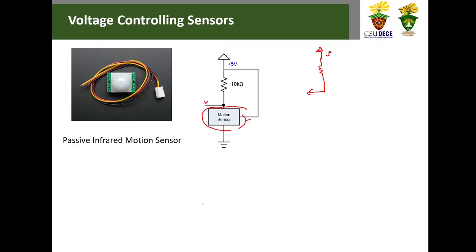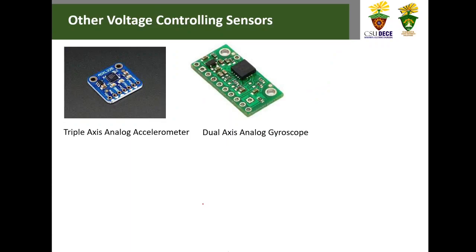I would like to emphasize that this type of voltage controlling sensor outputs a voltage. So a voltage divider and so on is no longer needed to detect its voltage.